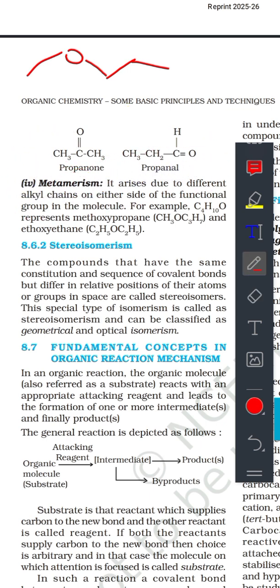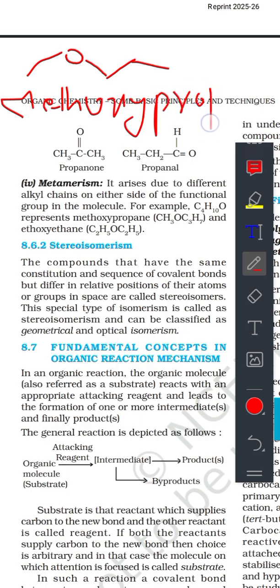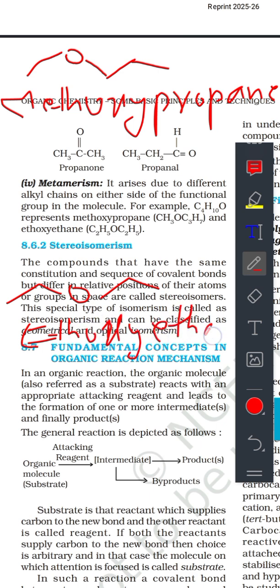What is this compound? This is called methoxypropane. If I write this other compound, this is ethoxyethane. This is ethoxyethane, and this is methoxypropane.